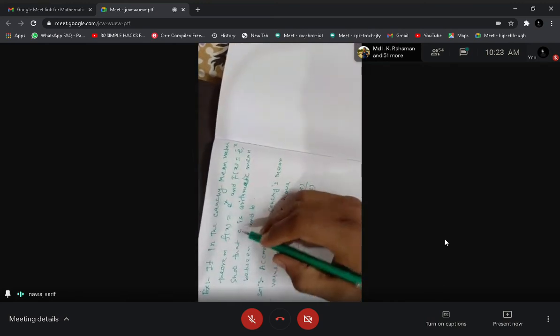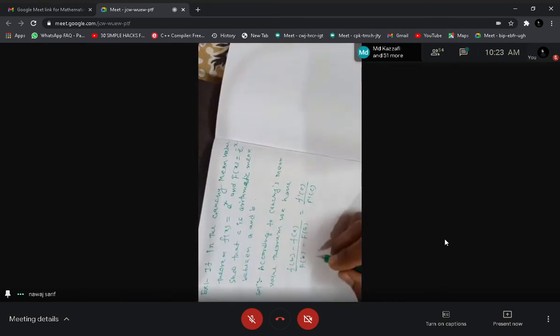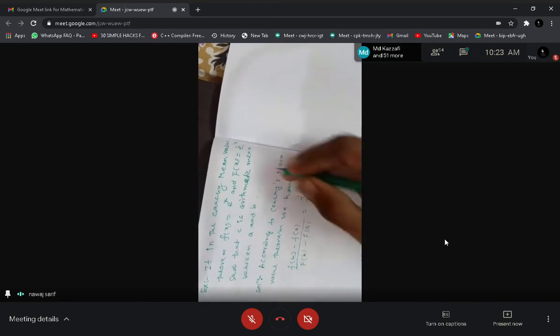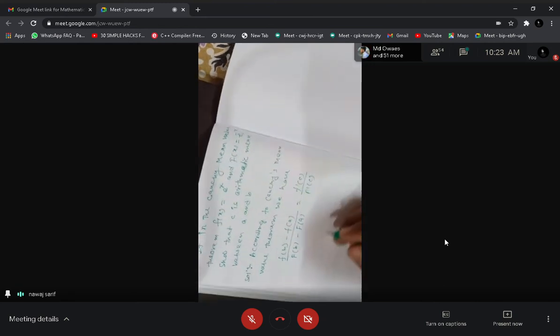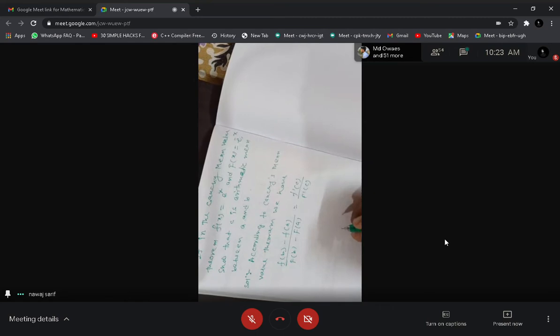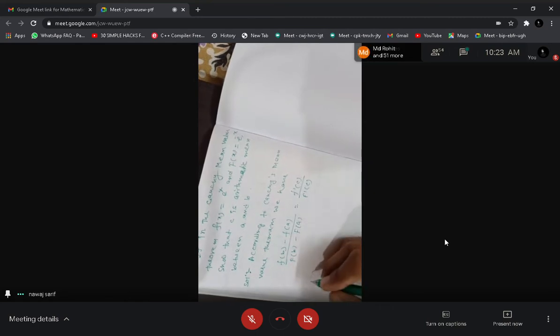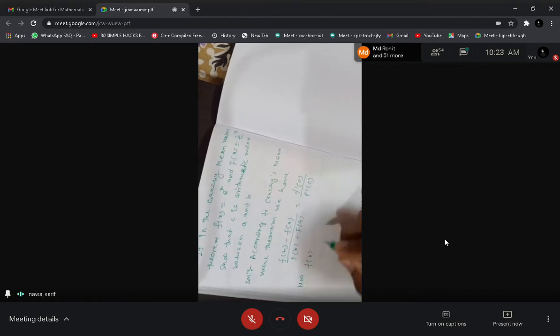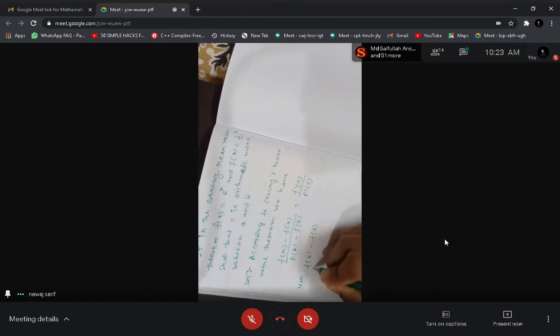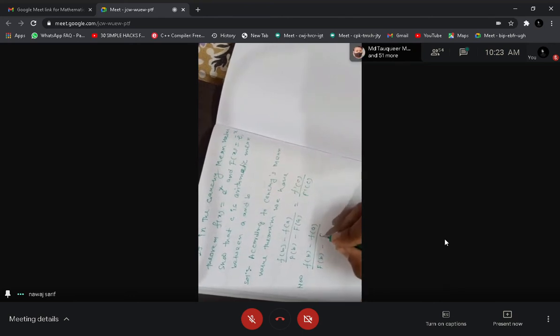Okay. Now we have given what? We have given small f x is e to the power x and capital F x is e to the power minus x. So what will be the expression? So now f b minus f a upon capital F b minus F a equals to what?